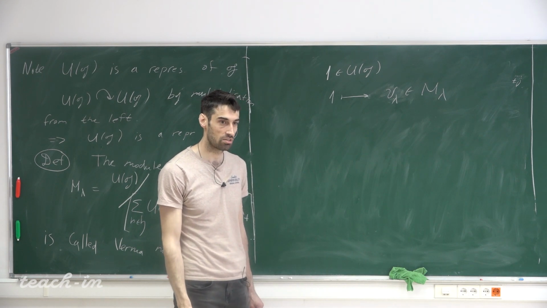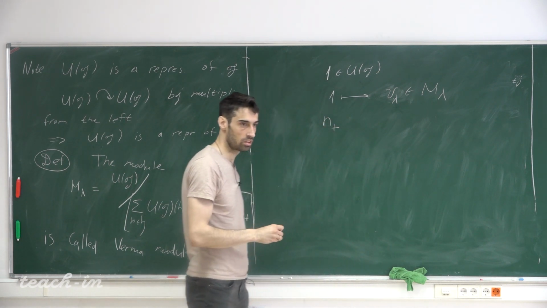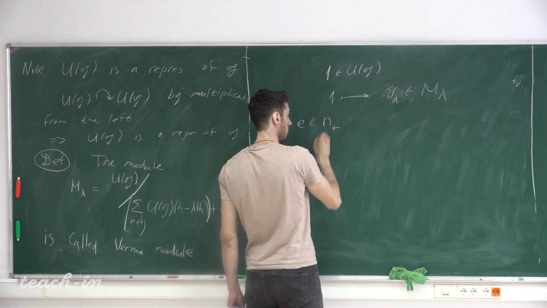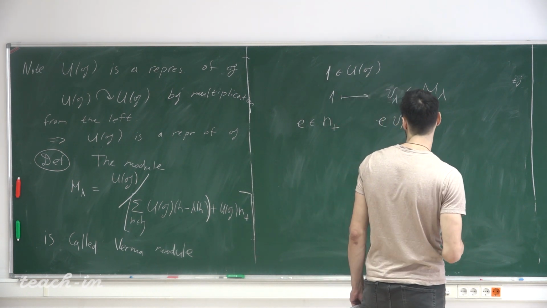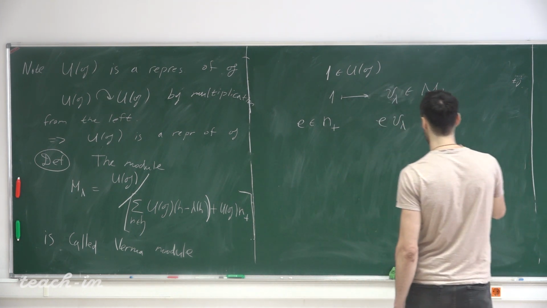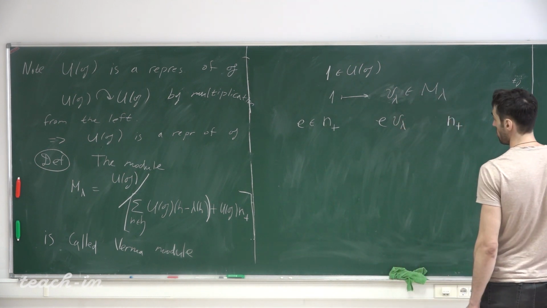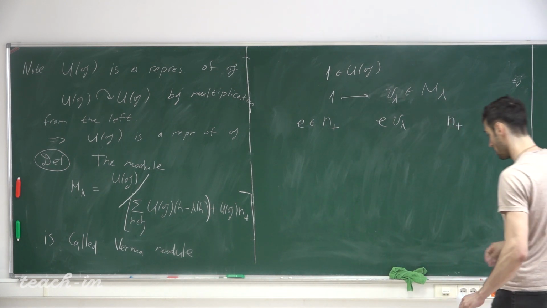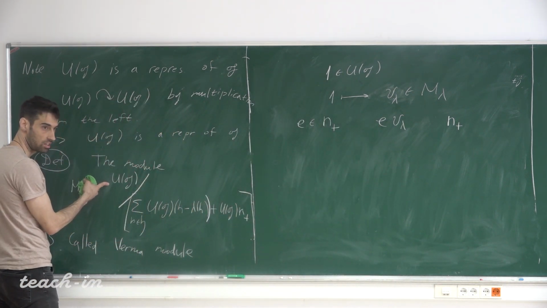So what are the properties of this v lambda? Now if I take some element E in n plus and apply it to v lambda, what does it mean?